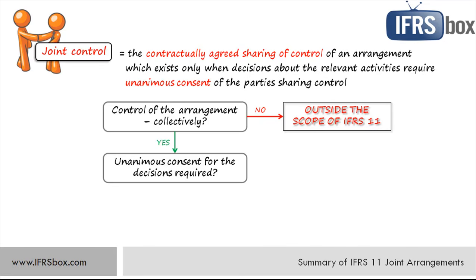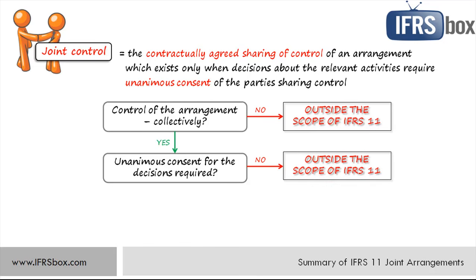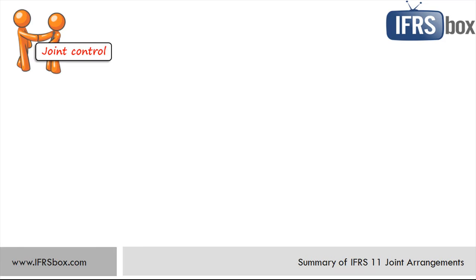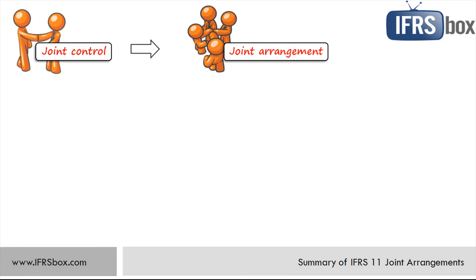If not, for example, when there are three parties and to make a relevant decision, two parties are sufficient to agree, then again, such an arrangement is outside the scope of IFRS 11, as joint control requires unanimous consent. If the answer is yes, unanimous consent is required, then there's a joint control and we're dealing with a joint arrangement under IFRS 11.